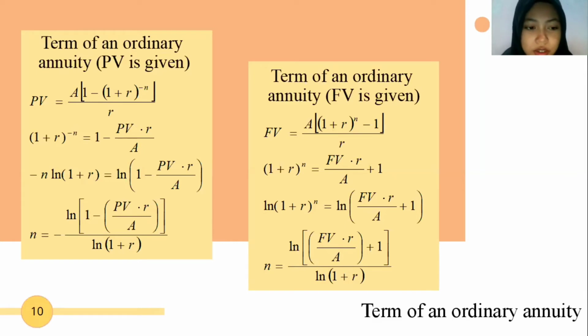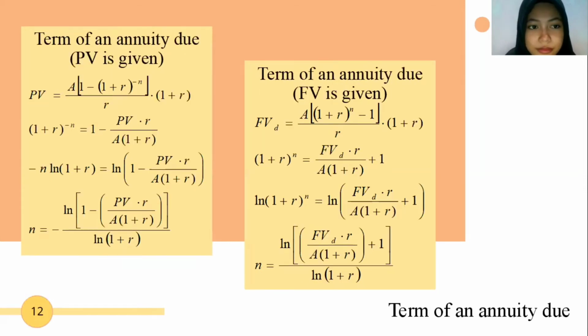You can use logarithms. This is the same for annuity due. You can modify PV and FV from the annuity due to find the term if PV and FV are given.